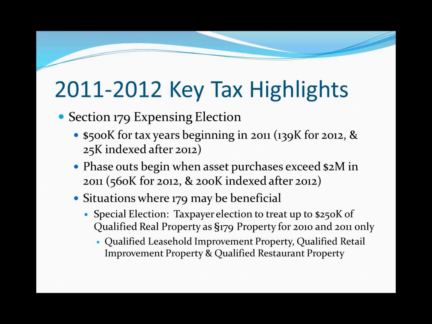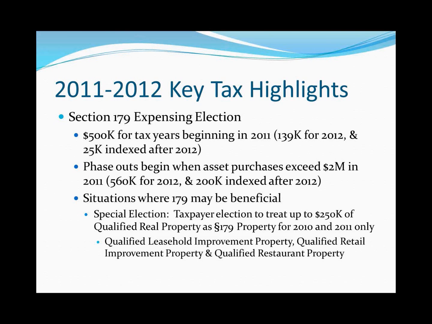There is a provision that for certain qualified real property, which probably the one that'll apply mostly for this crowd is the qualified leasehold improvement property rules, which I'll go over here in a second.